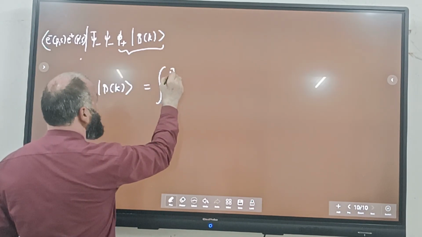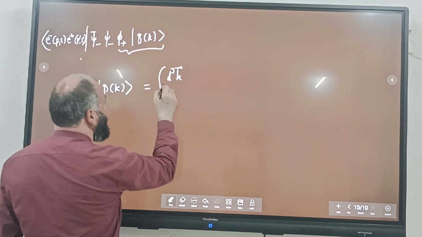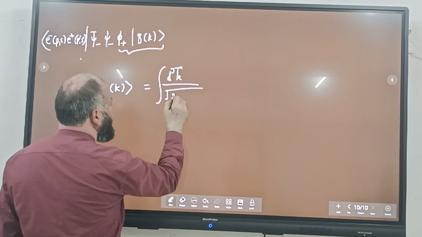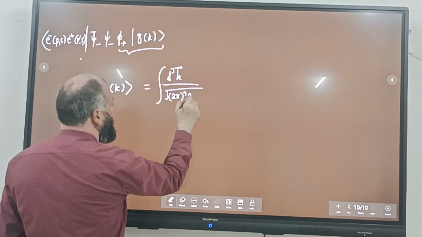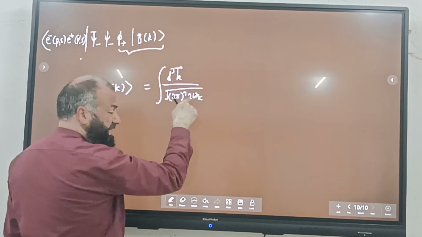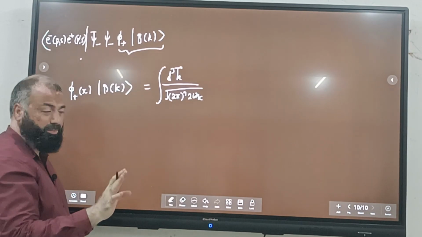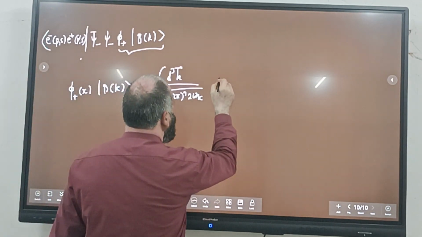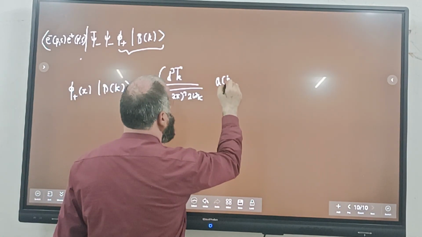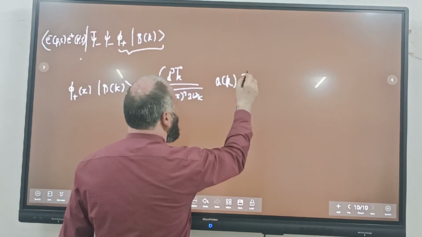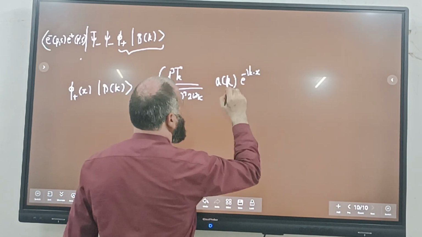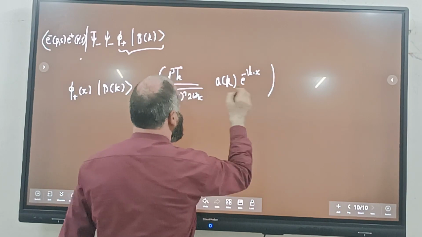So phi plus is actually d3k divided by root of 2 pi q twice omega k. It was actually ek, so I am writing here omega. So omega is the energy of the initial state. So you are having then this a of k, clear, e raised to minus i k dot x.